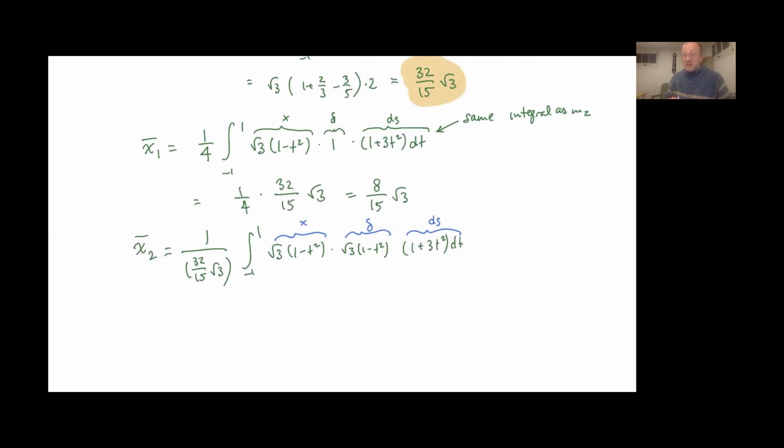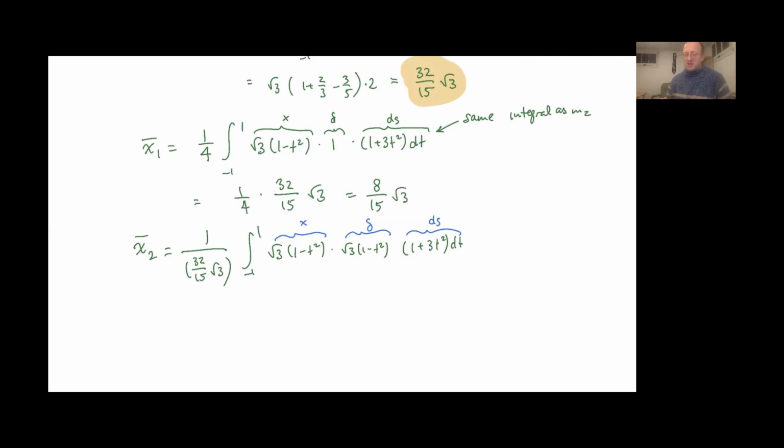And you can imagine how we would do this. We would multiply out how the √3's group up and give us a 3. Then we have 1 minus t squared times 1 minus t squared times 1 plus 3t squared. It's not difficult, and it doesn't require any leaps of creativity or coming up with the right method.